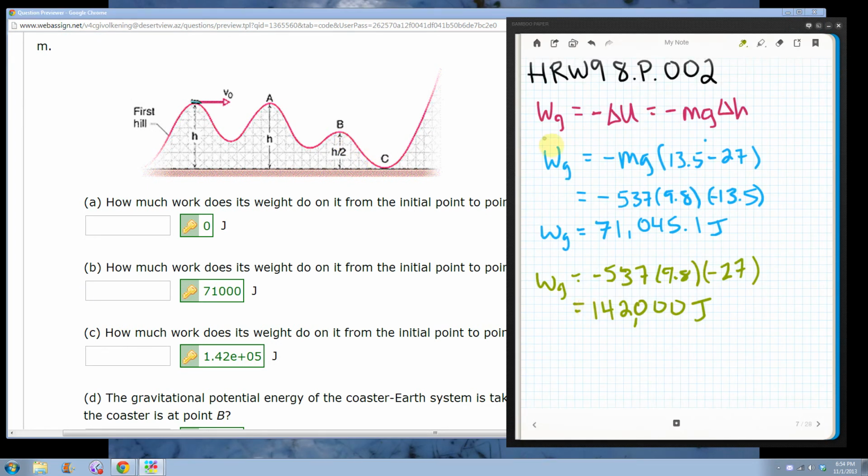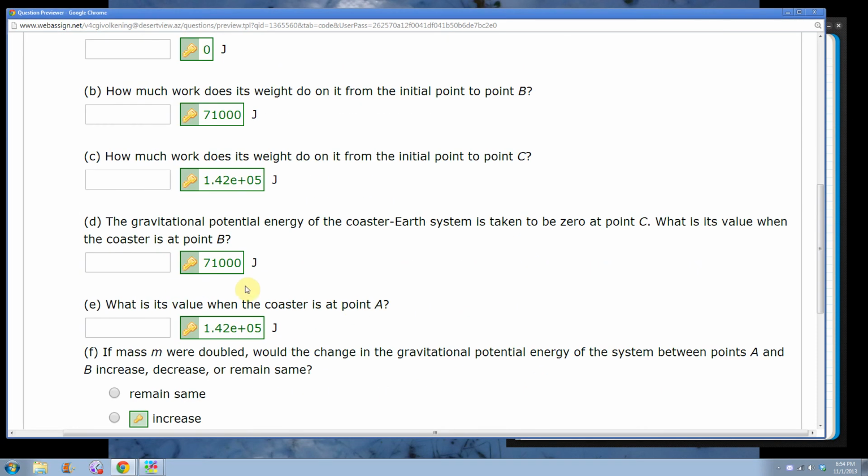So that would mean that the gravitational potential energy is mgh. So 537 times 9.8, times 27 over 2 is 13.5. Hey, we've done this before. That's what this one was. So, same answer. That's why the answer is also 71,000 for part D.